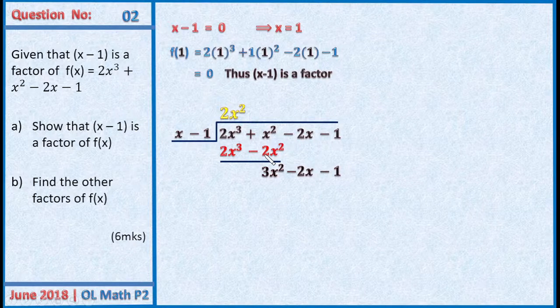Now at this point we have 3x squared divided by x, which gives us 3x. 3x times x gives 3x squared, and 3x times minus 1 gives minus 3x. If we subtract again at this point, we will have x minus 1.